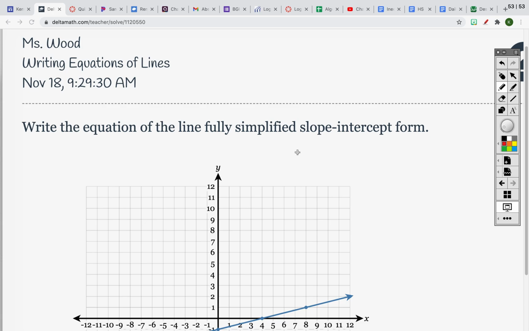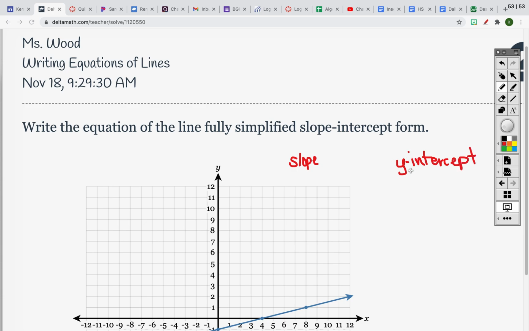slope and the y-intercept. So if I give you a slope and a y-intercept, that's what the sentence is going to give you. A slope and a y-intercept.